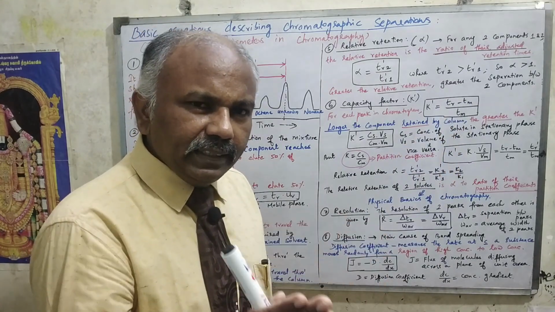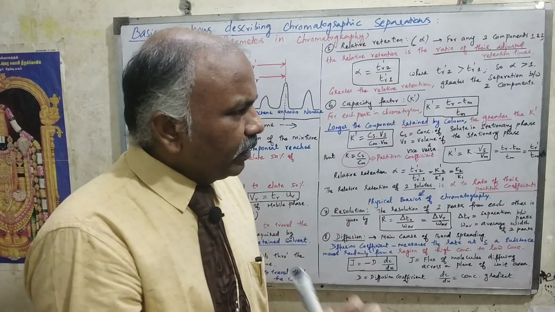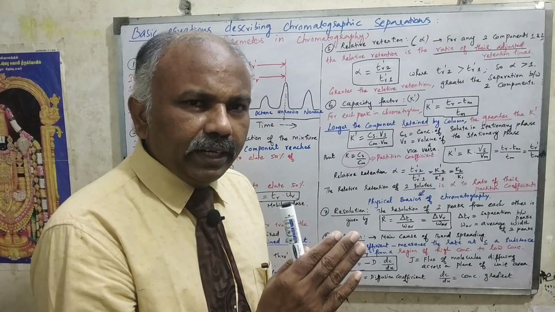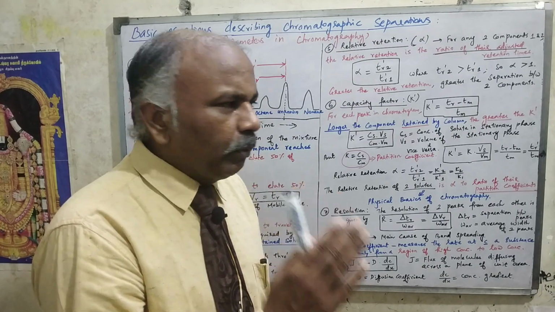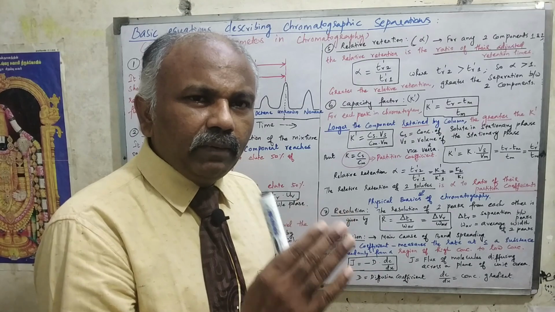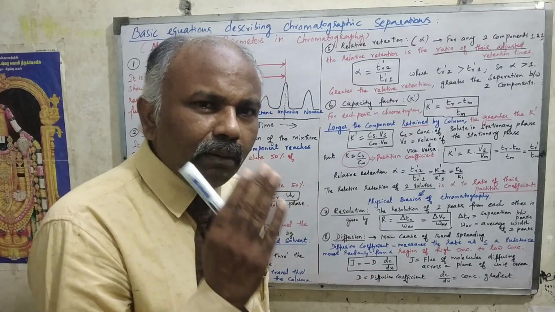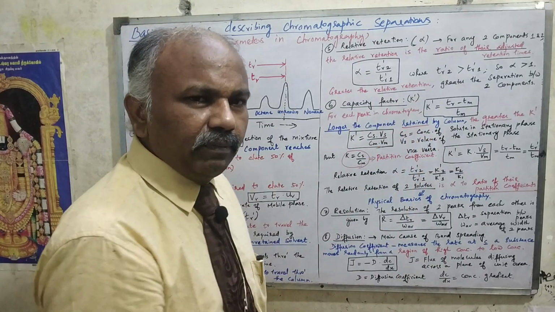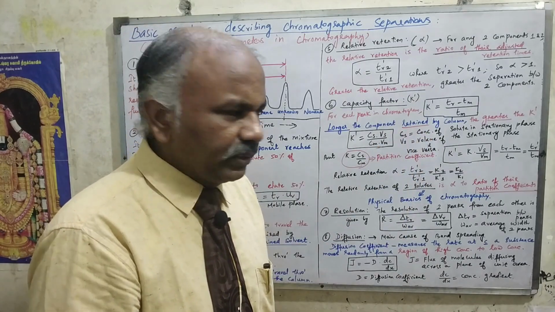What is TR minus TM? It is the adjusted retention time. So when you put the adjusted retention time in the numerator, and in the denominator TM, the time for the unretained mobile phase to travel through the column in a minimum possible time, that ratio we call the capacity factor, or K dash.